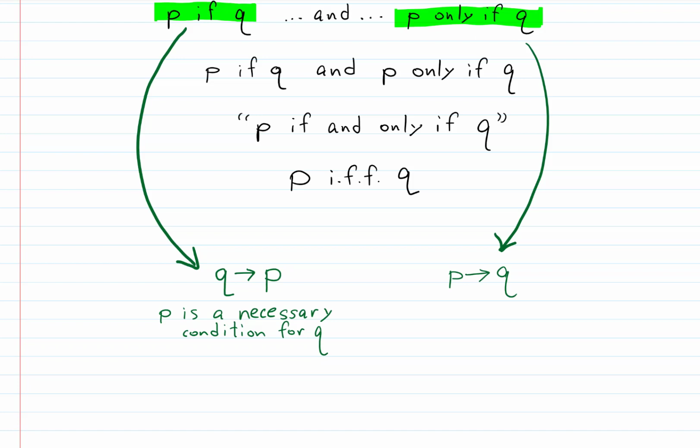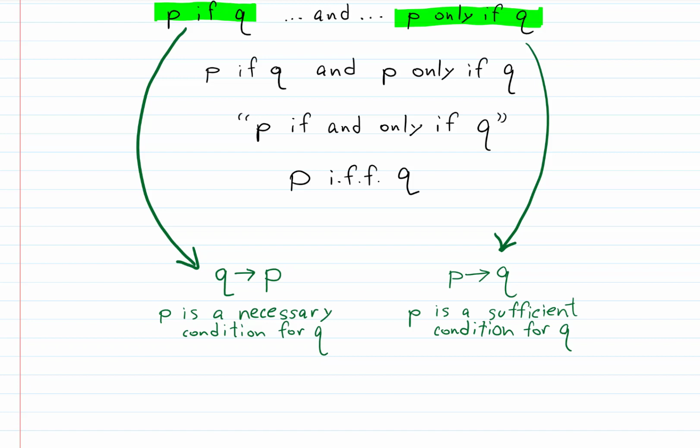So in other words, if I know P is true, then I would automatically know that Q must also be true. So it is enough for me to know that P is true in order to figure out that they're both true. So in other words, P is a sufficient condition for Q.